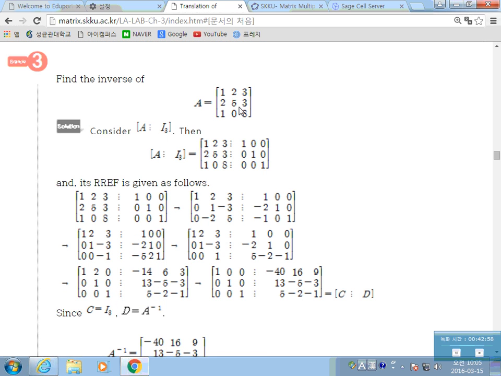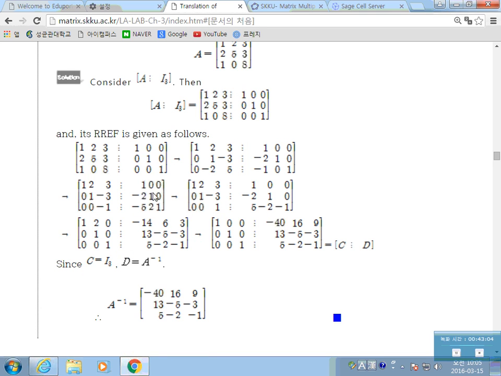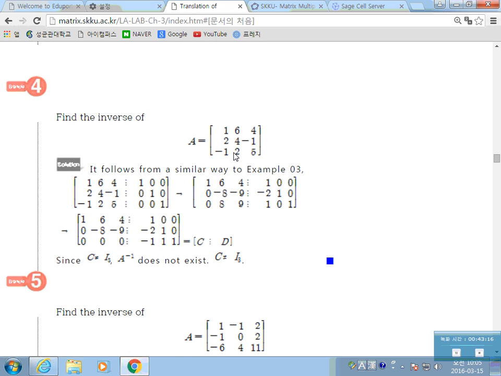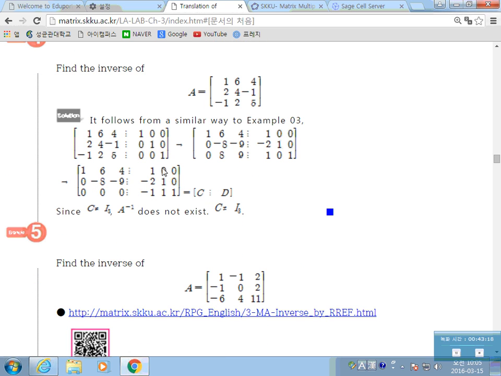Suppose we have a matrix A. Form a 3 by 6 matrix like this and do the Gaussian elimination. Then we have the identity matrix, and this is the inverse of A. So C is the identity, so D is the inverse matrix. In this other case, you see you have 0 rows here.